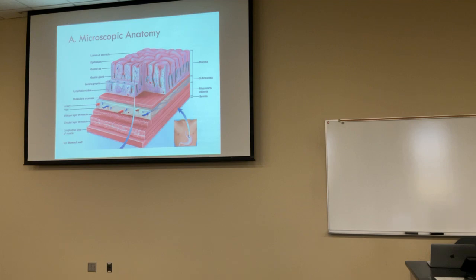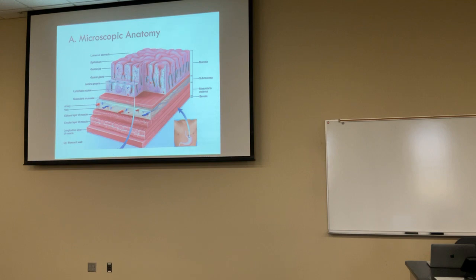There's a gastric lipase that digests fats, and there are also cells that produce hydrochloric acid. And there are mucus-secreting cells, which are important because the mucus helps coat the inside of the stomach so it doesn't get digested by the hydrochloric acid it produces. So mucus protects it from the hydrochloric acid.